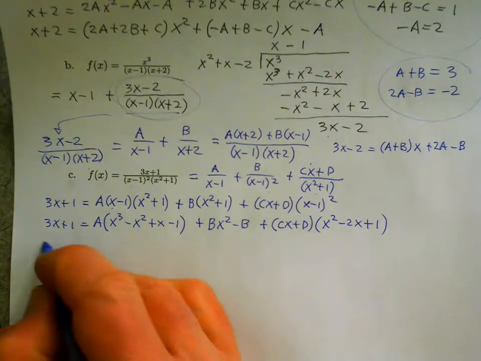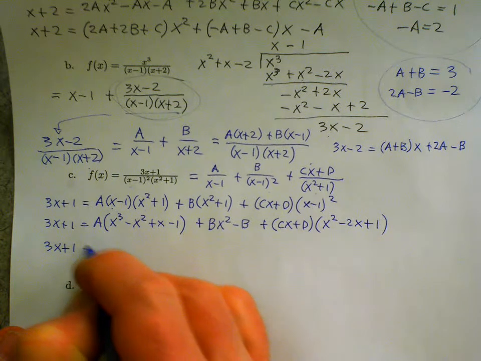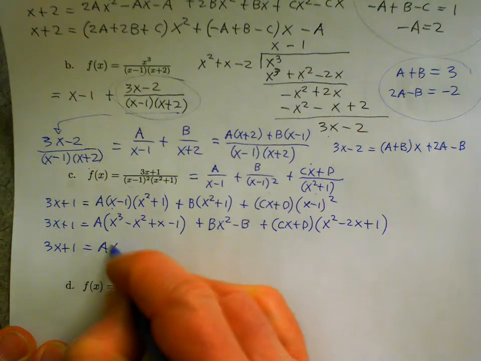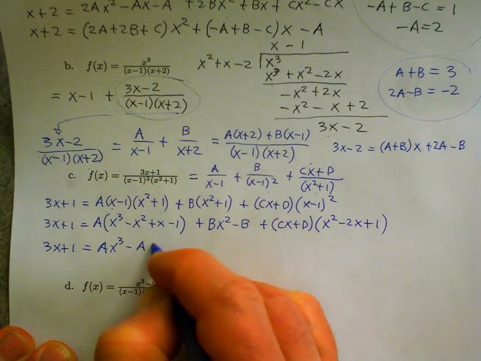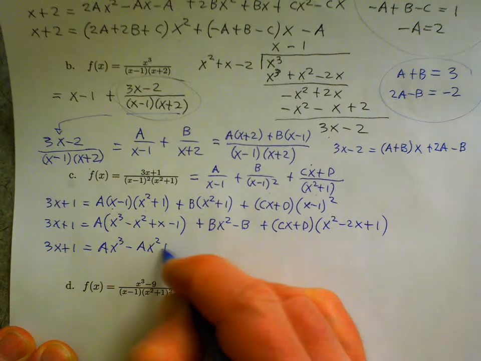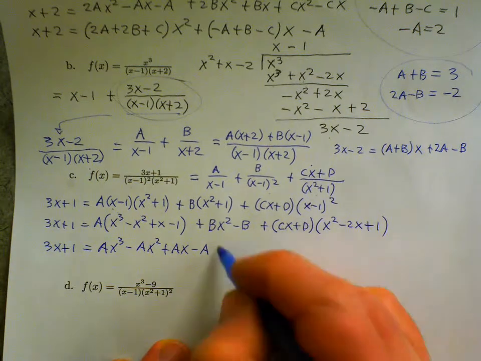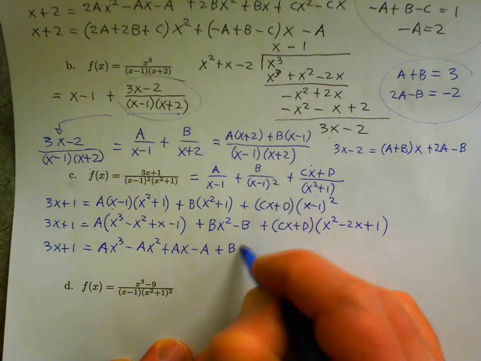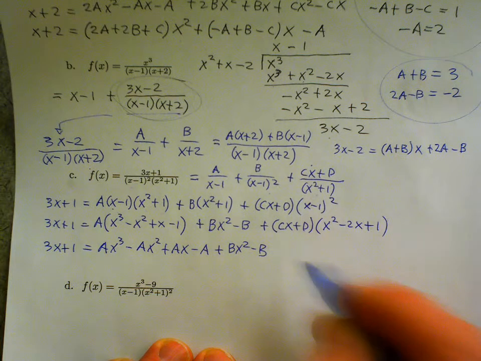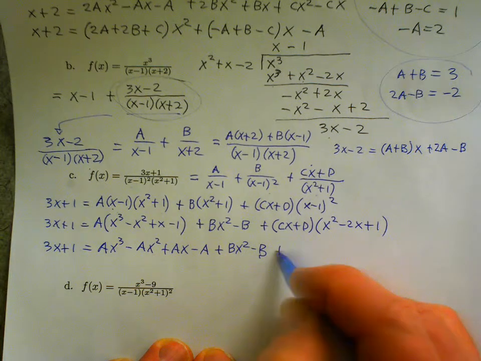Okay, a little bit further, 3x plus 1. And then a times x to the third minus ax to the second plus ax minus a plus bx squared minus b.